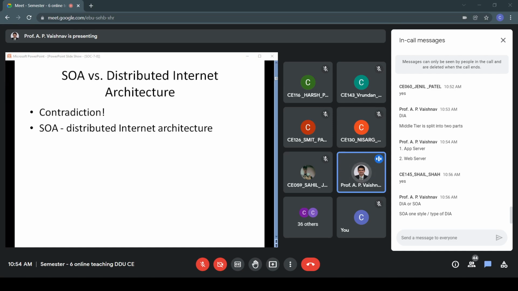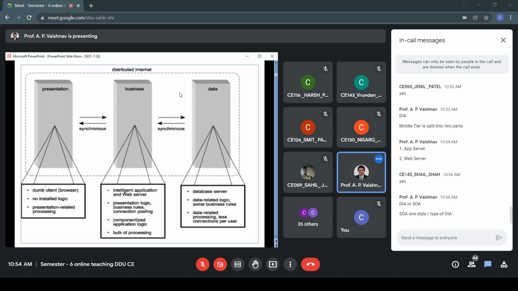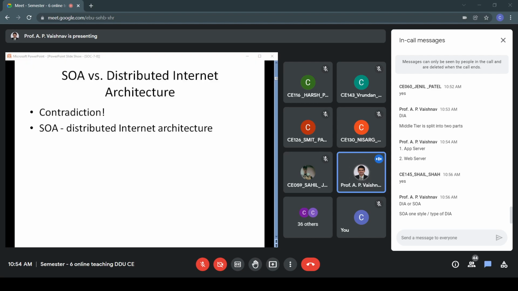But what we are trying to compare here is the historical distributed architecture, that is this. Nowadays, it is very difficult to find the differences between SOA and DIA because SOA is one style or one subcategory of DIA only. But still, we'll try to compare and see what the similarities and differences are. There will be some similarities and some differences. I'll be comparing it according to 5 points. The first is application logic.